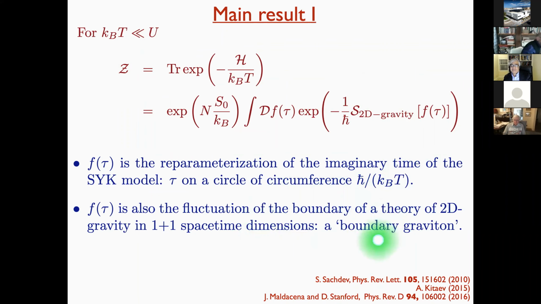So basically, the only graviton in this theory is on the boundary, and this action is the boundary graviton. So in this case, you can explicitly show, and I won't write down the explicit expression here, it's in the references, that this path integral of quantum gravity is exactly equivalent at low temperatures to the partition function of the model I just showed you.